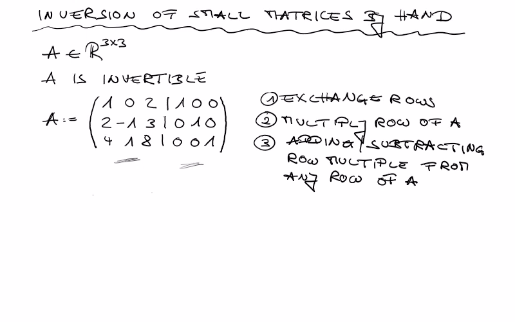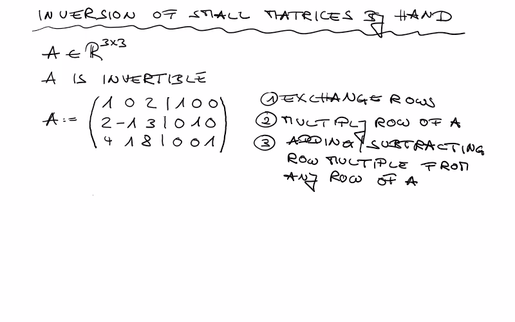So we have to somehow by intuition come up with a sequence of operations from the set of 1, 2, 3 that turns the left that we see here into the identity matrix. And this is something that one can practice, and then one gets very efficient in that, and that's what I think students in linear algebra and mathematics do early on in their courses. And then they seem to be very clever because they can do that, but really it's just a small game. So let's do this game.